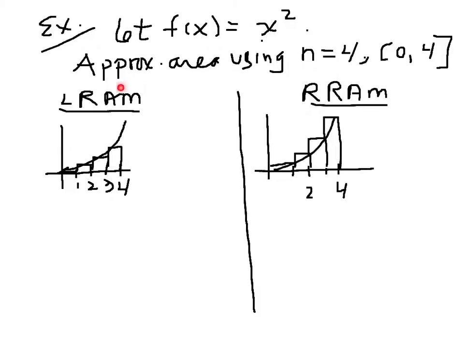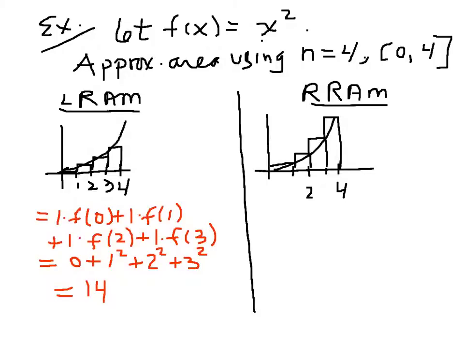So on the left, we'll use LRAM, using as the height the left-hand endpoints. Notice here the rectangle is flat. And over here we'll use RRAM, where we're using as the height the right-hand endpoint. And in each case we want to get an expression for the approximation for the area under the curve.